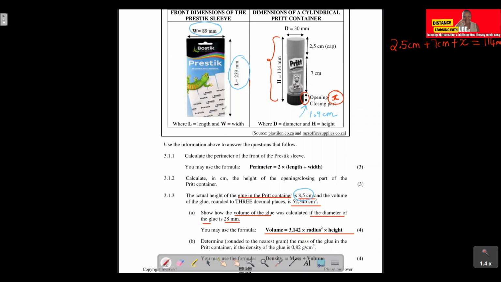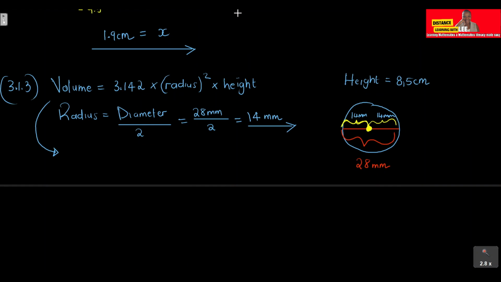Because we are trying to prove that the volume of the glue is 52.346 centimeters cubed. That means our units need to be in centimeters and not in millimeters. So we need to convert this radius of 14 millimeters to centimeters.